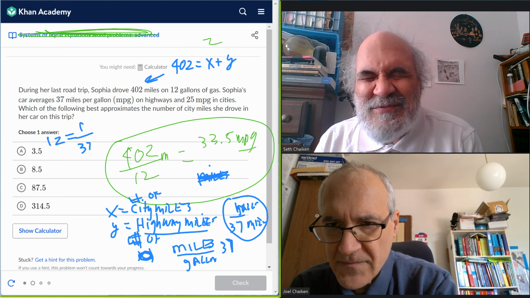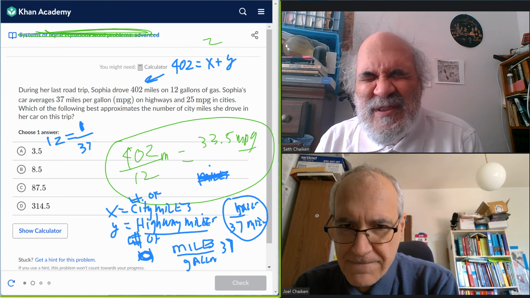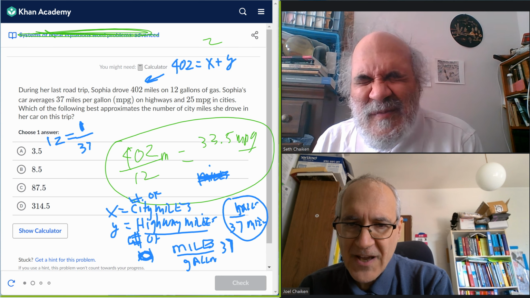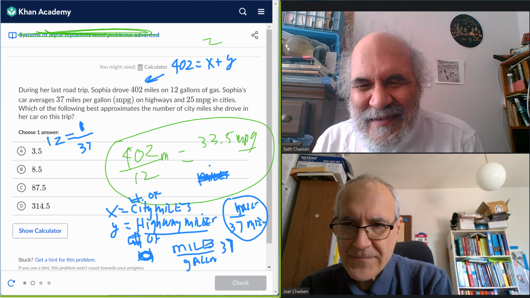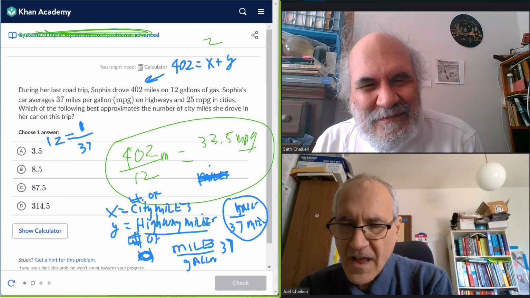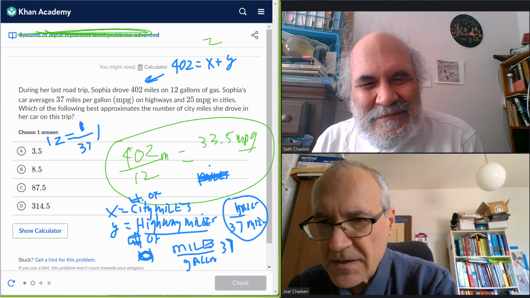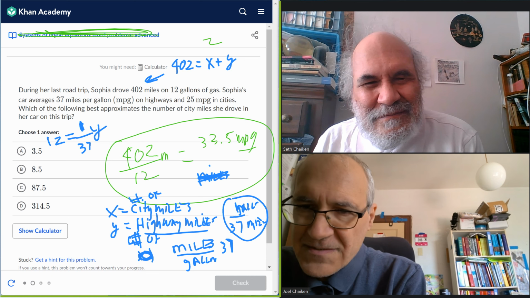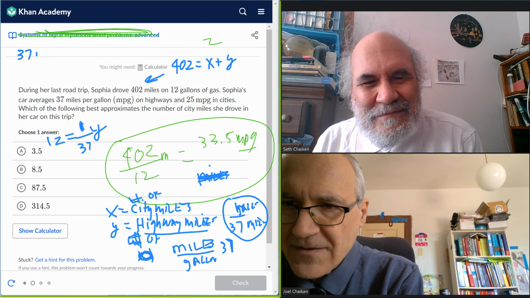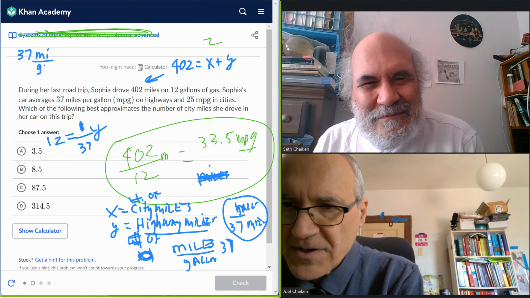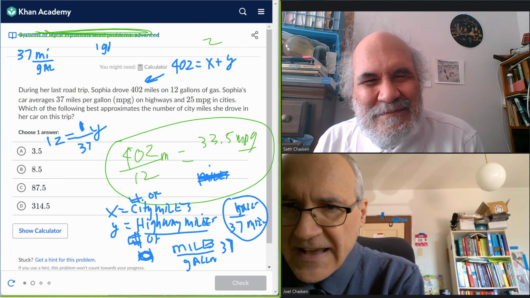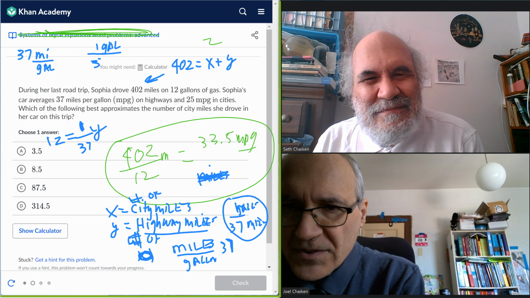Please write that more legibly. I will. 37 is the highway, so that's y. Let's write it more legibly. What we're talking about here is miles per gallon. If you have 37 miles per gallon, then that's also equal to 1 gallon over 37 miles.